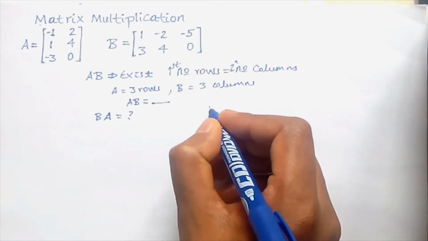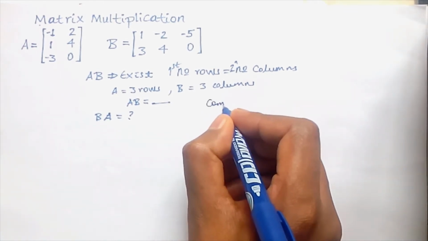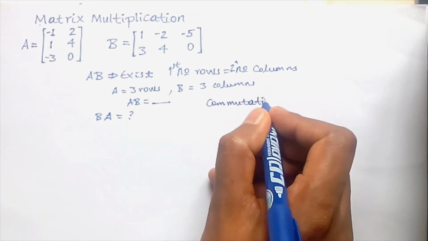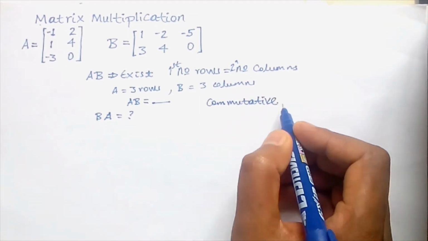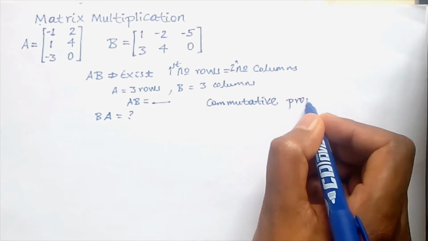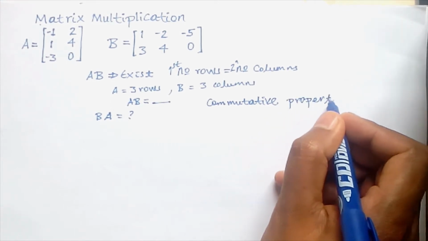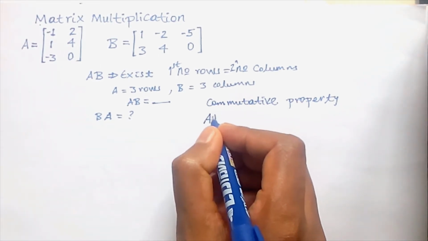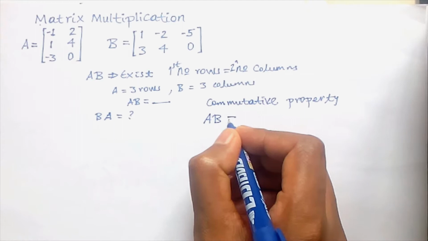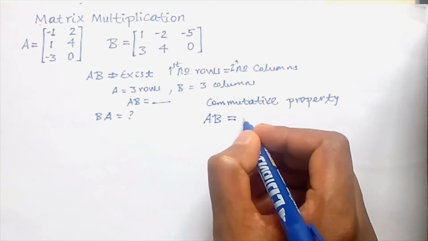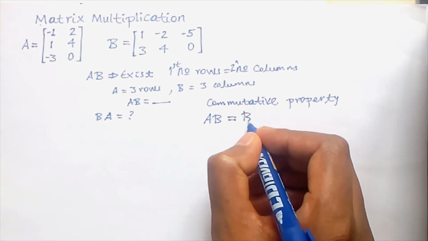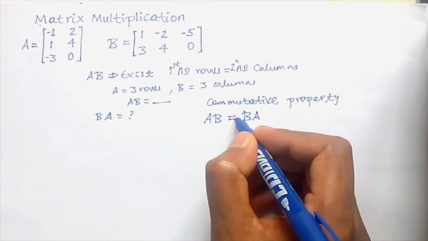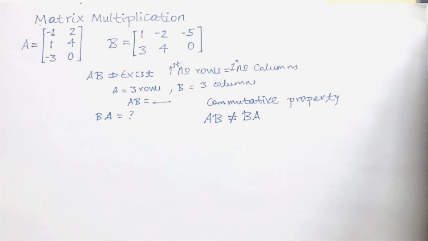In case of the commutative property, in a matrix, is A times matrix B equal to B times A or not? Mostly in the commutative property they are not equal.